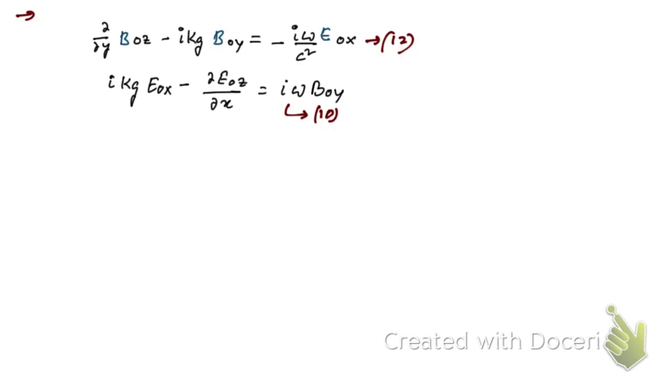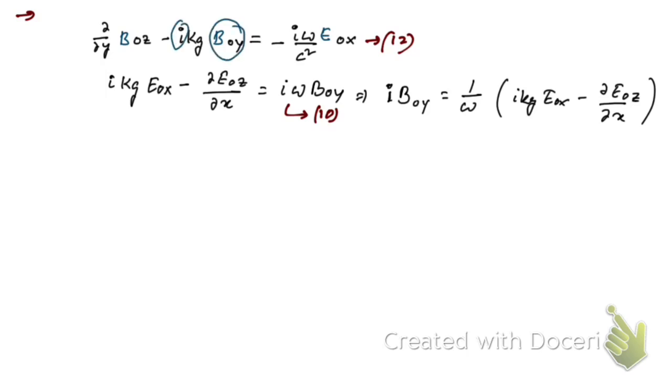Now you see this equation number 10. Equation number 10 will give iB0y equals 1 by omega, i kz E0x minus del E0z by del x. That's what we're gonna have. Now let us replace this iB0y by this value.